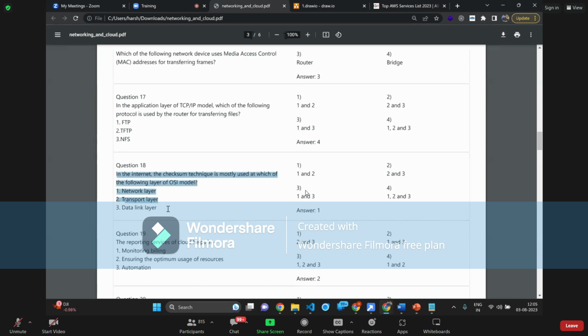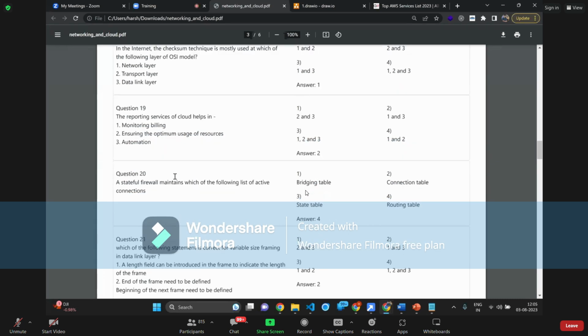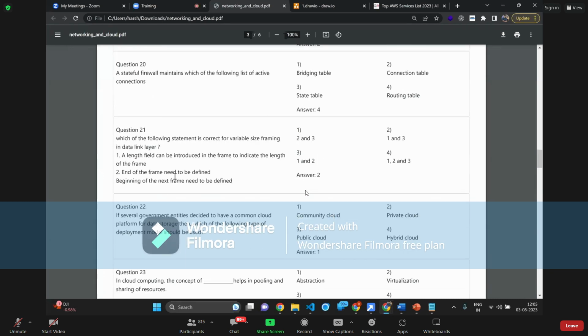In the internet, the checksum technique is mostly used at which of the following layers of the OSI model? It is the network layer and transport layer. We'll go through each one of them.